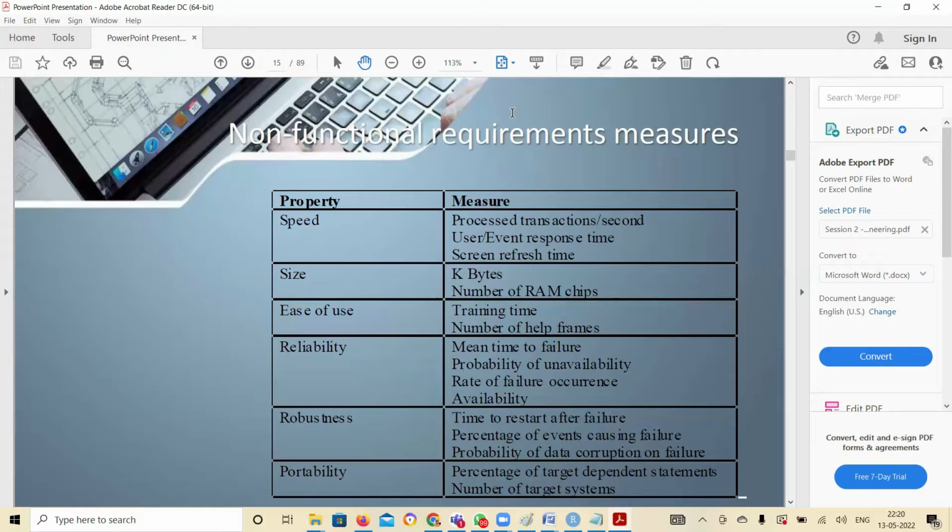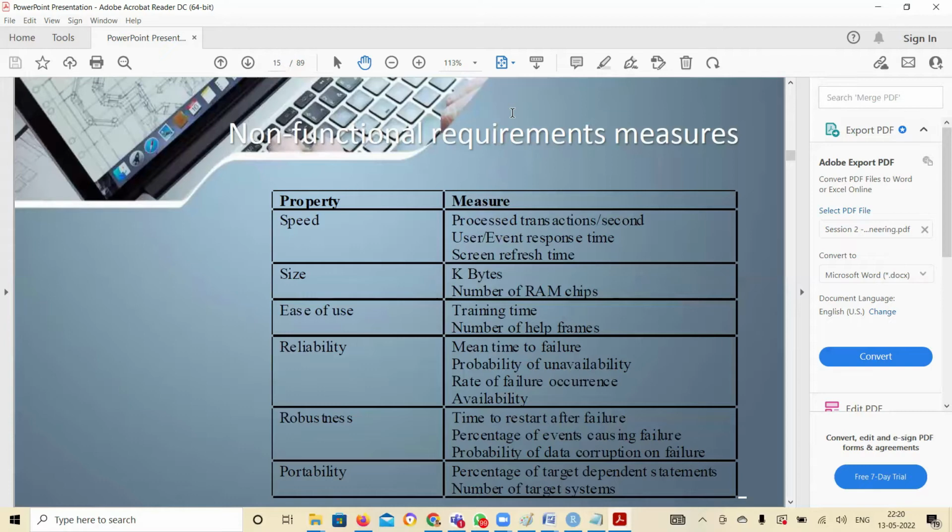When you log into the system, the system may or may not be available. Probability means, if you are logging in 100 times, how many times is your system not responding, not available? It should be as low as possible. Then you have rate of failure occurrence. How many times the failure occurs? It should be less, isn't it?